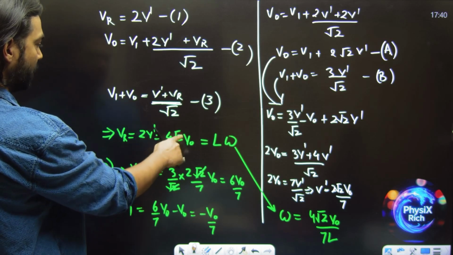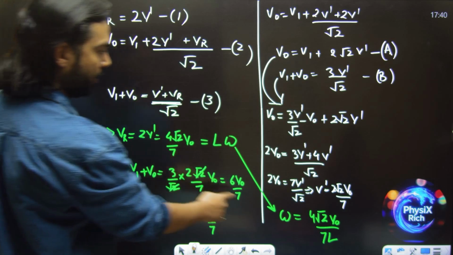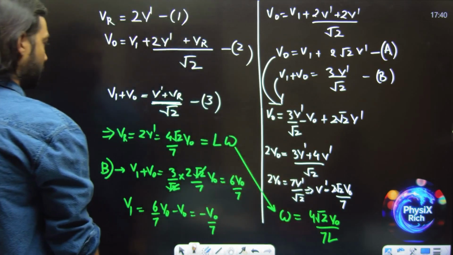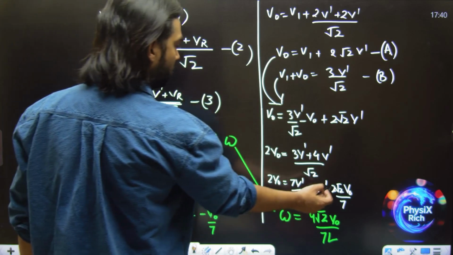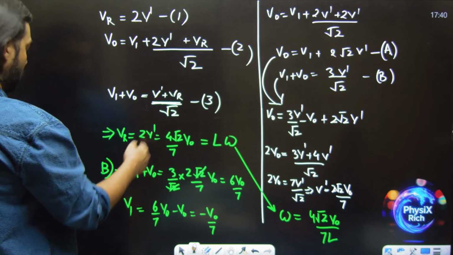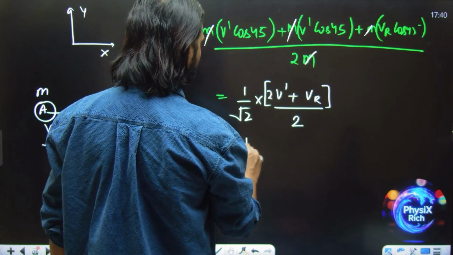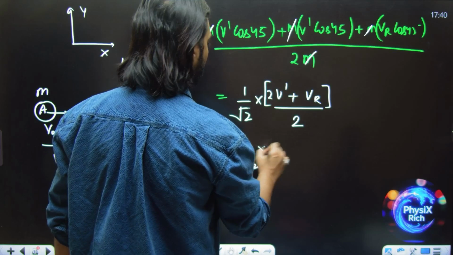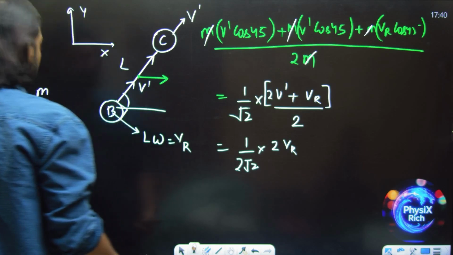So vr is 4 root 2 upon 7, and v dash is 2 root 2 upon 7 v naught. In fact, vr is 2 v dash. So 2 v dash is simply vr, which we found out over here.